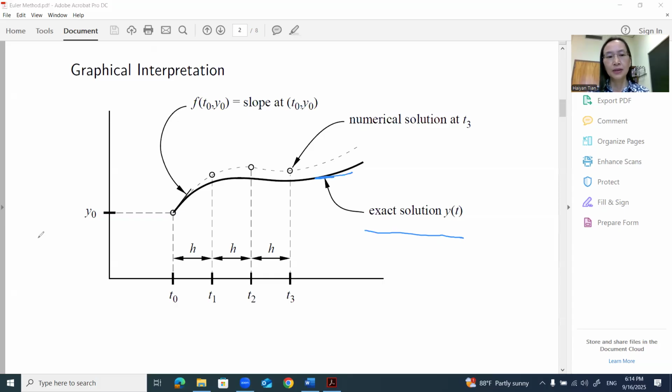And this solution curve is not known except one point, right? So we only know the initial data. At t0, we know the y value, y0. So that's the only point of this curve that we know. So how can we get an approximation to the curve? That is our task.